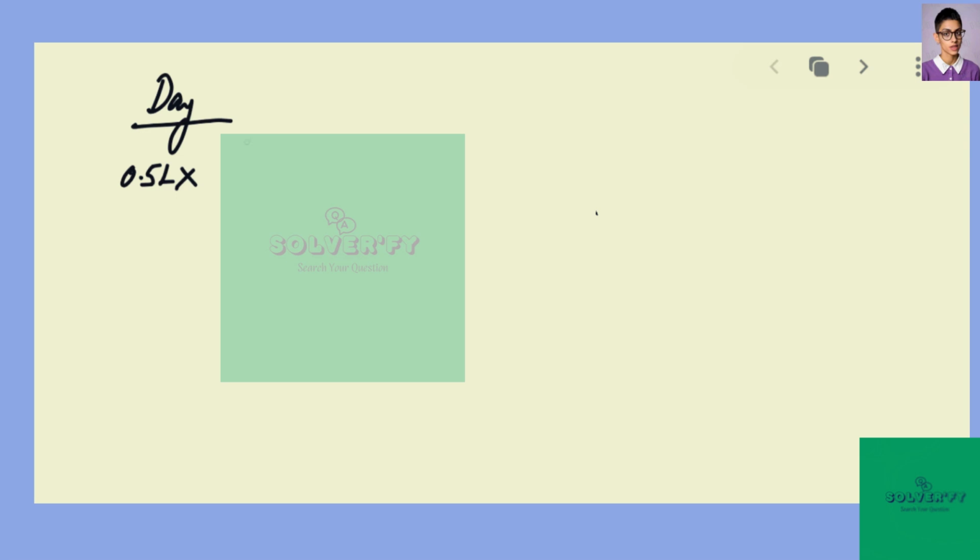From this 0.5 liters, we know that the activity is 2000 picocuries, which is 2000 times 10 to the power minus 12 curies per liter.